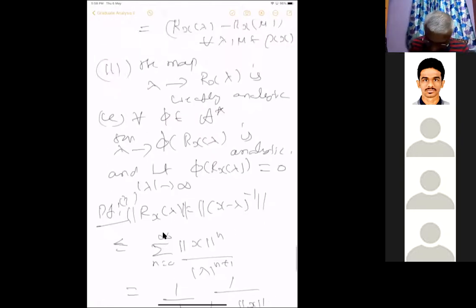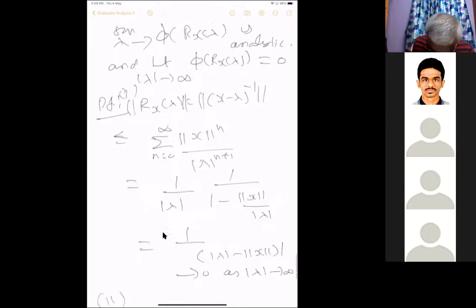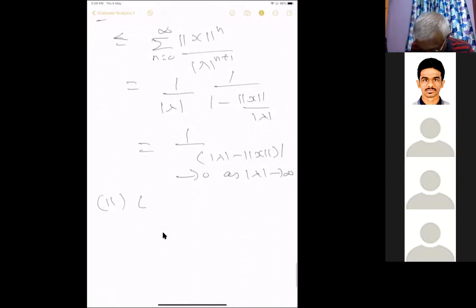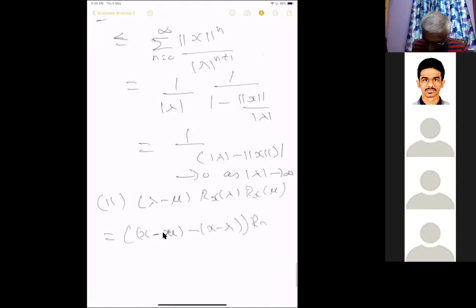Okay. The second one is also direct, which just says the following. We want to talk about lambda minus mu Rx lambda Rx mu, which is equal to (x minus mu) minus (x minus lambda), times Rx lambda Rx mu. And Rx lambda is just (x minus lambda) inverse.